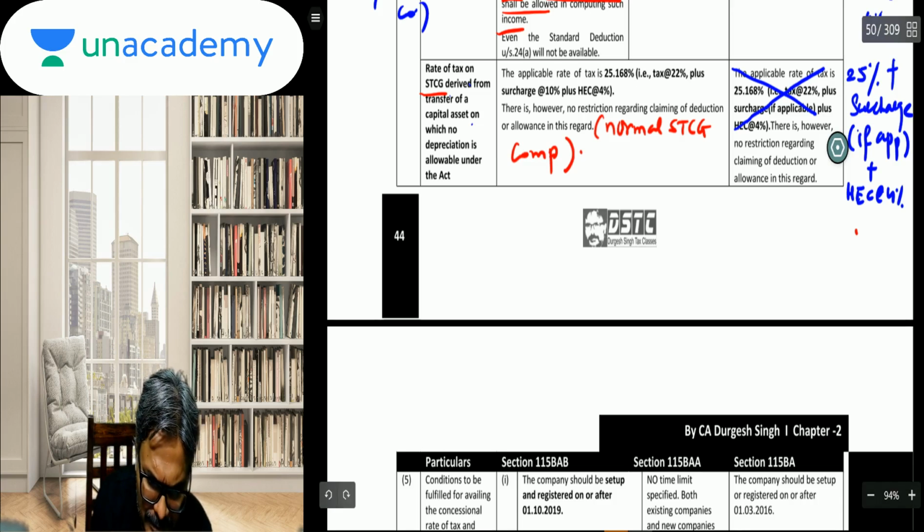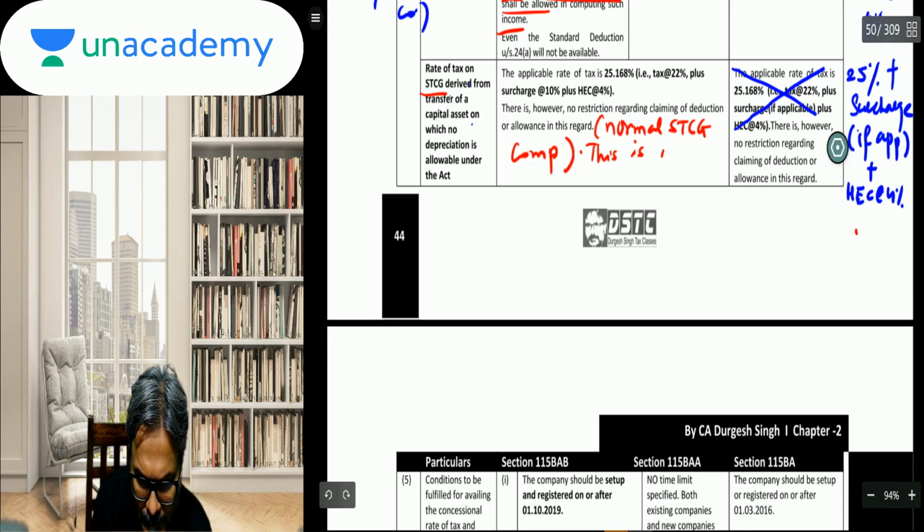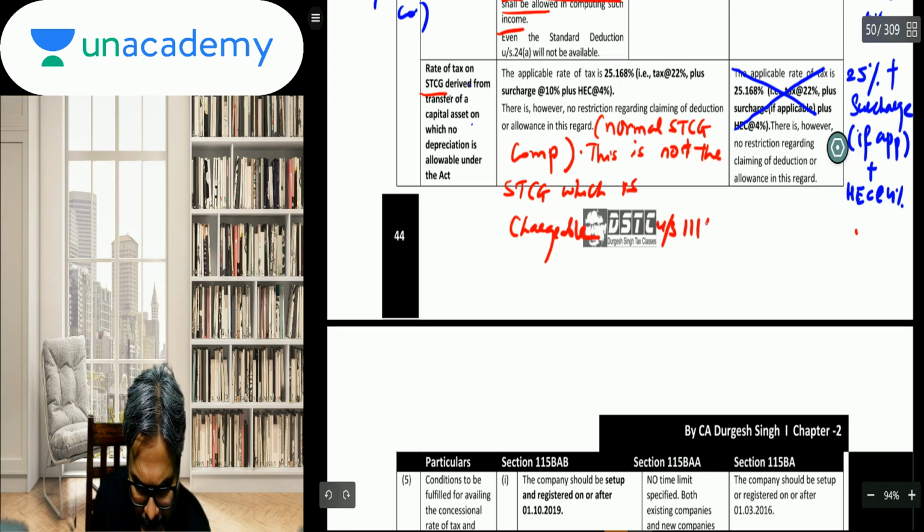Okay, just full stop. After that you can write this is not the STCG which is chargeable under section 111.